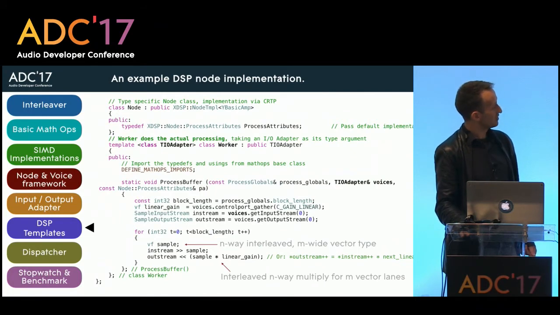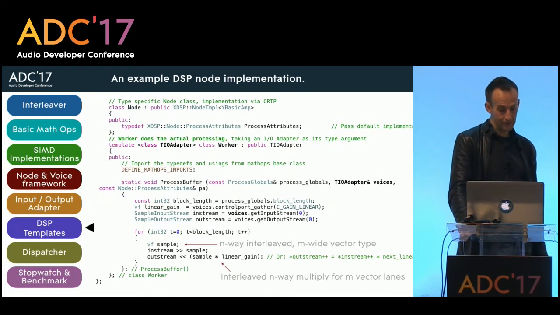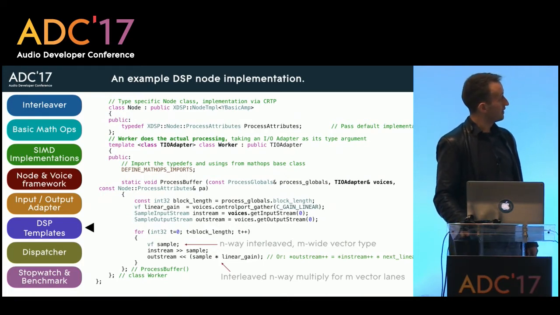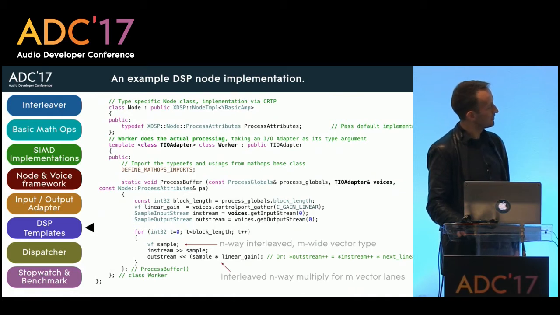You can see at the bottom we've got effectively an inner loop where we're reading a sample, multiplying it by a linear gain and sending it to the output. But what this is doing is we have this interleaved type which is n ways interleaved and m lanes wide, whatever is best for the architecture it's running on, and that innocuous little multiply symbol can be many different things depending on where we're running.